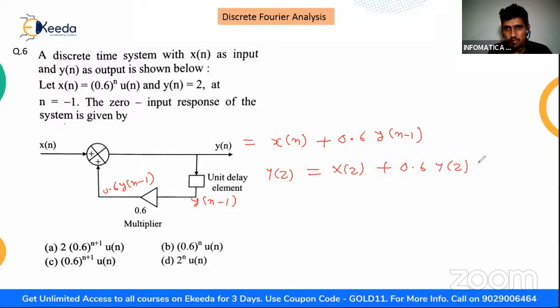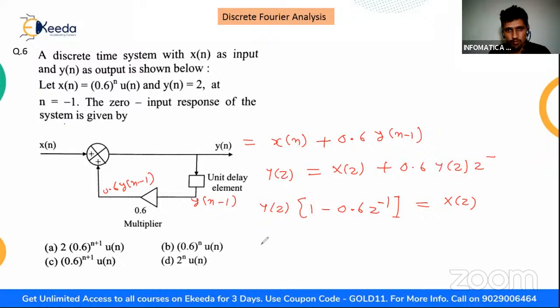If you take Yz common, it will be 1 minus 0.6 z inverse times Yz, which equals Xz. We do not have to calculate the forced response or the zero state response.